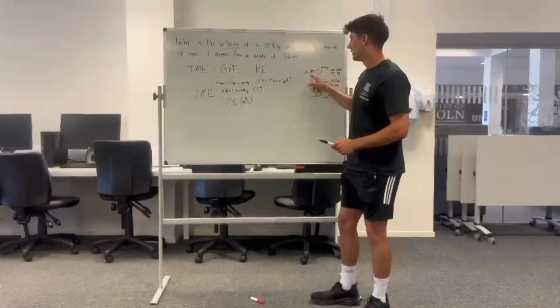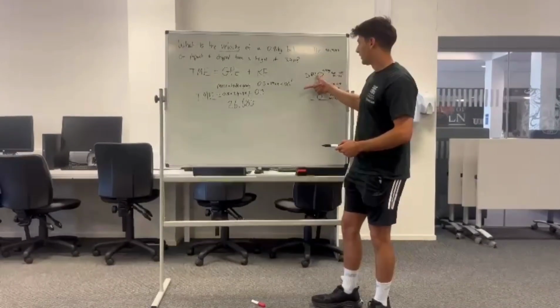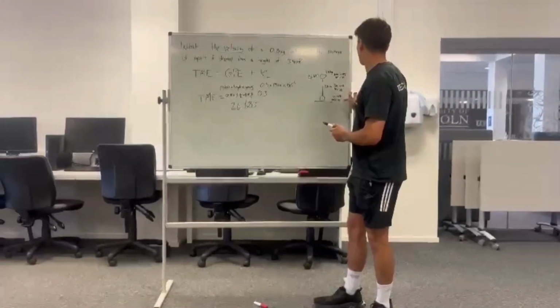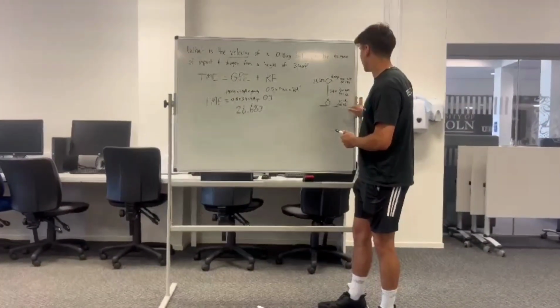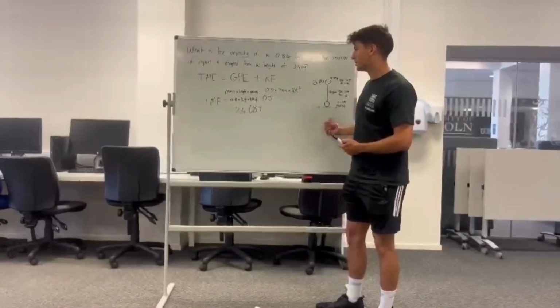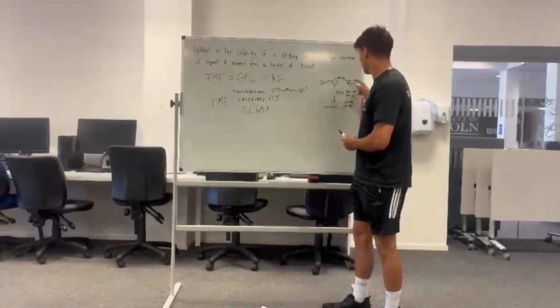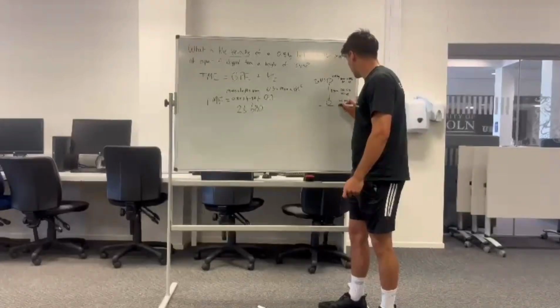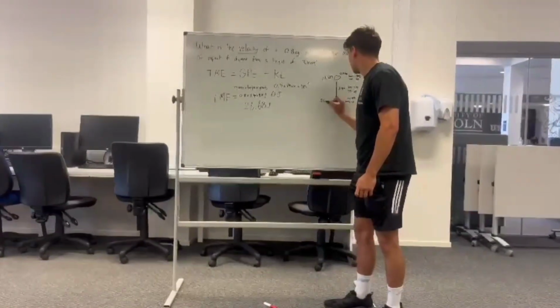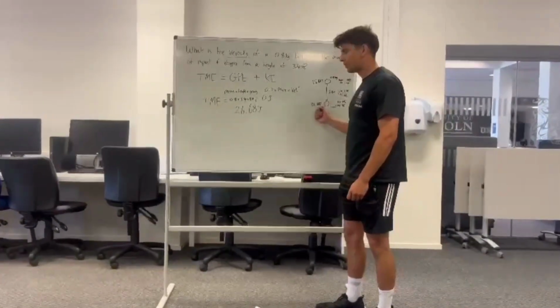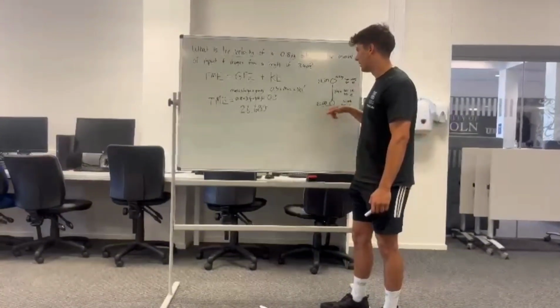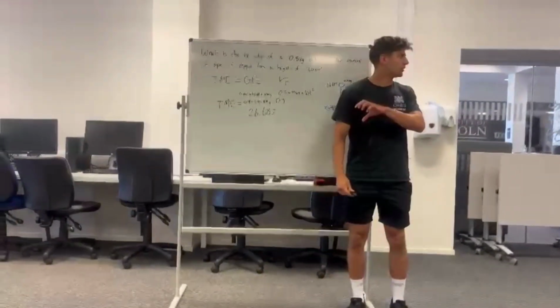Now we're saying from this diagram that all of that energy gets converted to kinetic energy at the bottom. So if that's all kinetic energy, that means 26.68 joules of kinetic energy are at the bottom, at the moment just before impact.